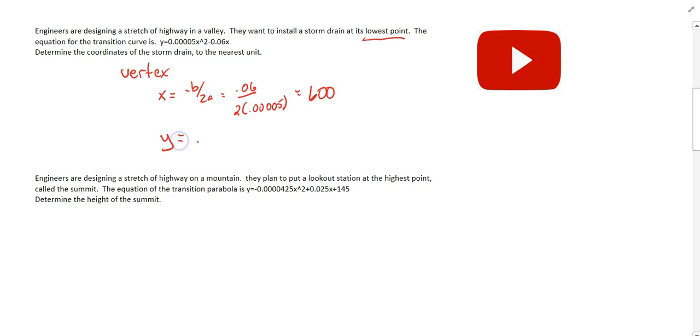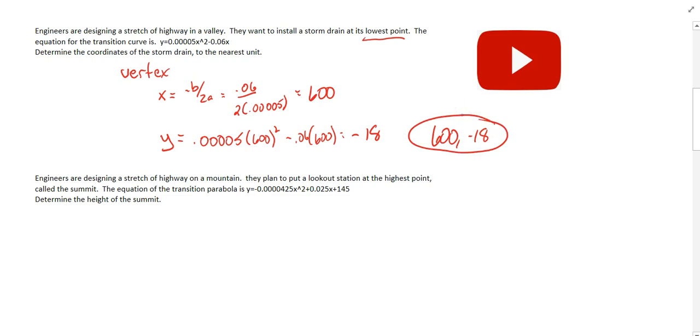So y then, I need to plug in 600 into this formula. 0.00005 times 600 squared minus 0.06 times 600. So plug all that in, and I get negative 18. So the coordinates of the storm drain would be 600, comma, negative 18. Right? That would be the coordinates.